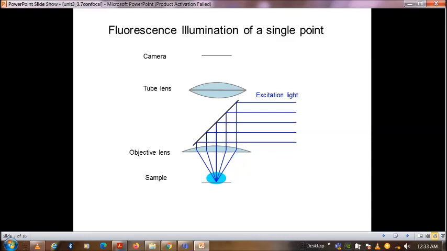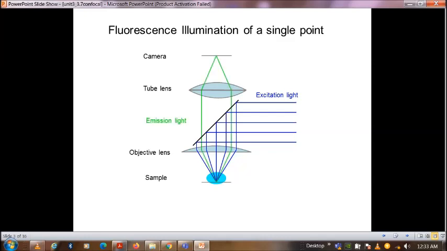The light goes through the convex lens towards one single point, and it converges like this. Here we have to place the sample, and the image is viewed very sharply because of this excitation light which falls over a slanting line with the convex lens.